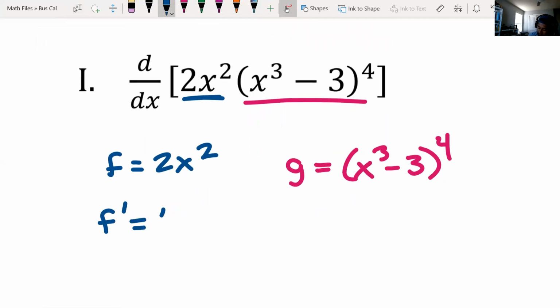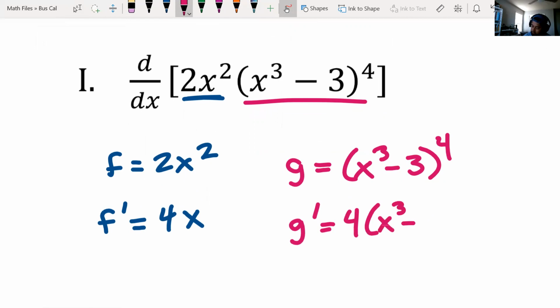Now on g, we have to use the chain rule. So when we use the chain rule, you'll get 4 times x cubed minus 3 to the third times the derivative of the inside, 3x squared.